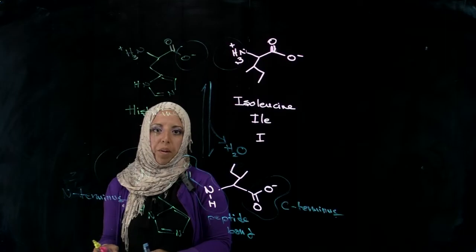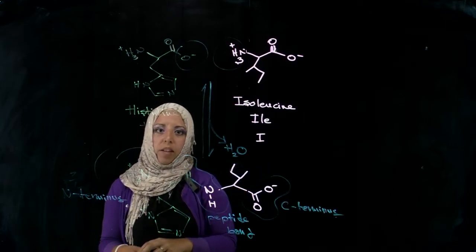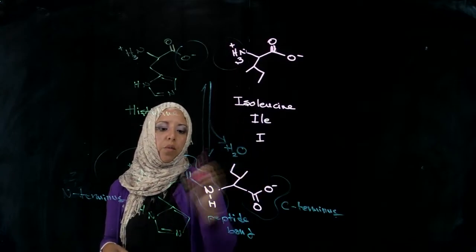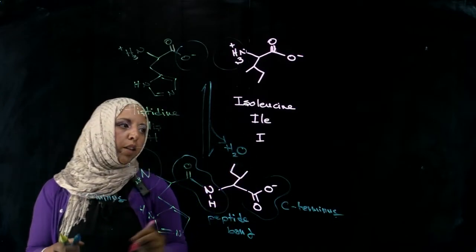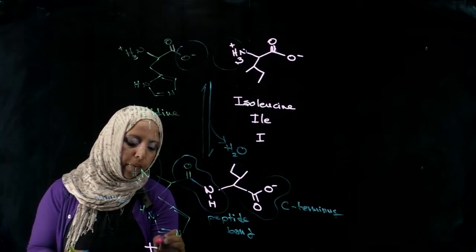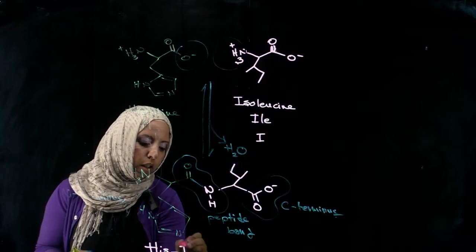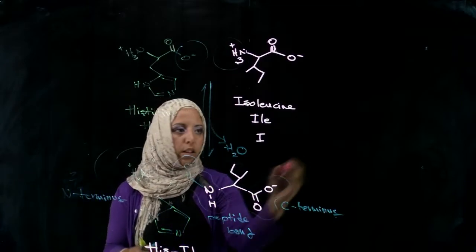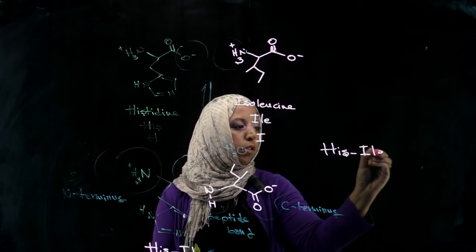So what do we call that particular peptide? Do we call it histidine isoleucine? No, we typically abbreviate them using either their three-letter abbreviation or their one-letter abbreviation. With the three-letter abbreviation, that particular sequence would be His-Ile.